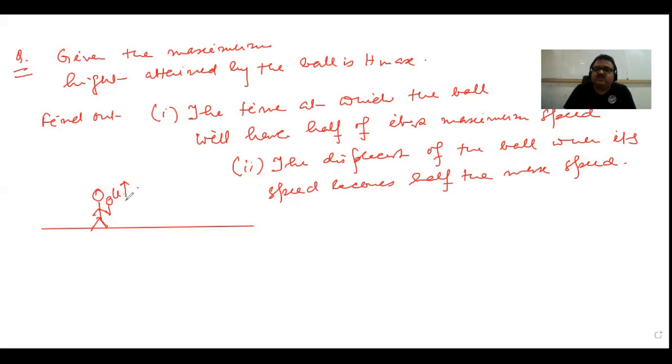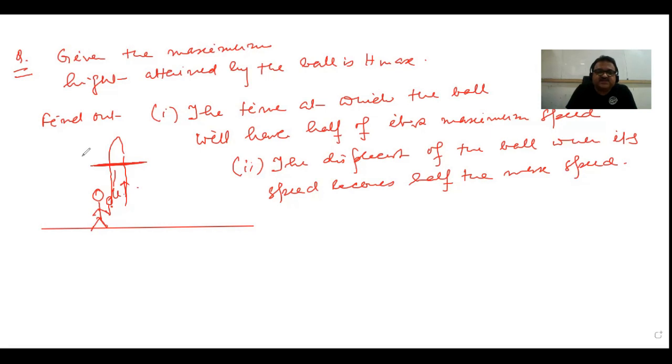Now what we know, when we are projecting the ball, that is the time when the velocity is maximum, that is u is maximum. So how to solve it? Let's draw the journey first. It will go up like this and come down like this. Suppose this is the instant when the ball reaches half of its maximum speed.